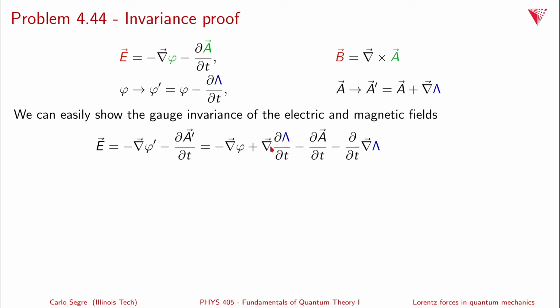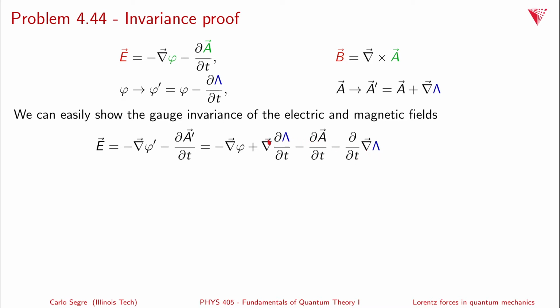plus the gradient of the time derivative of the gauge transformation. From the second term, which is minus the time derivative of A prime, we get minus the time derivative of A, minus the time derivative of the gradient of the gauge transformation.